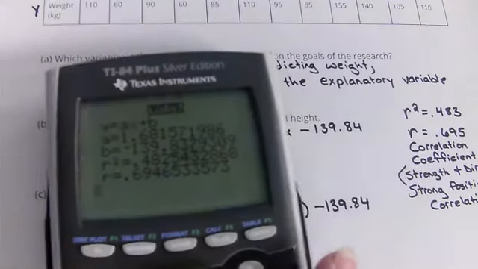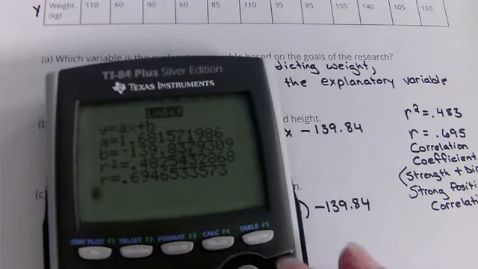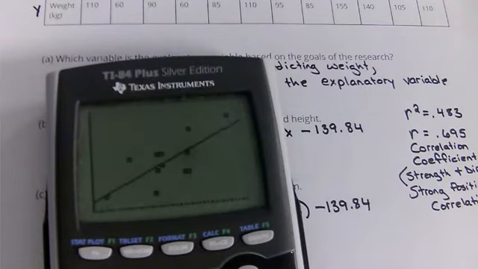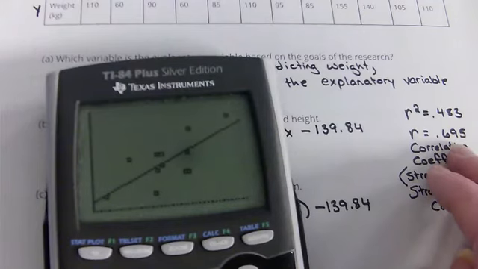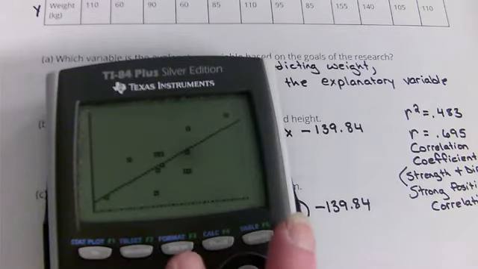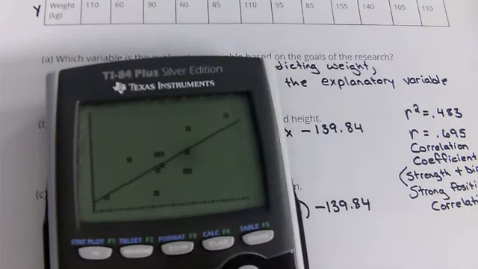Oh, I forgot. I was going to show you what that looks like if I press the graph button. There's that line. Now, me saying 70%, see, not 70% of the points are touching it, but it's saying that the pattern is pretty strong of following that line.